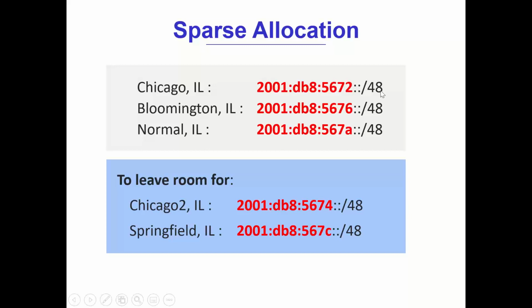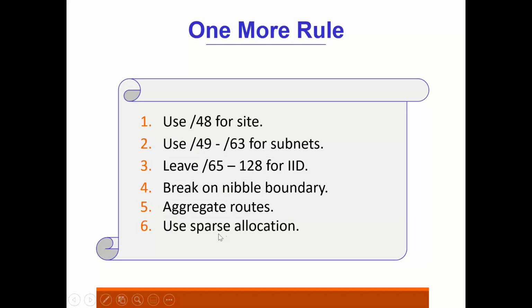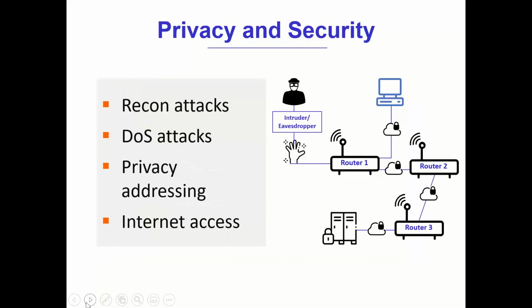But if we do Chicago at /40, 72, 76, and 7A, and we have a second site in Chicago, we can make that 7-4 and then 7 Charlie. So you leave room, and do a little sparse allocation so you can add to that. So again, we'll make that a rule.